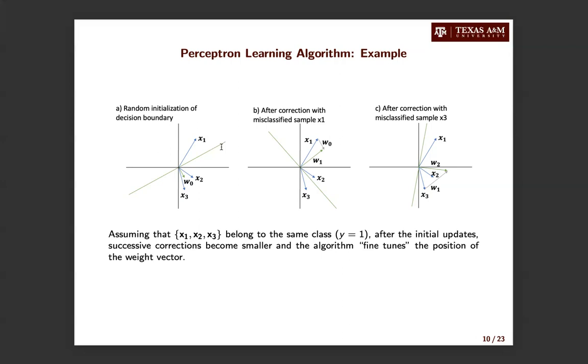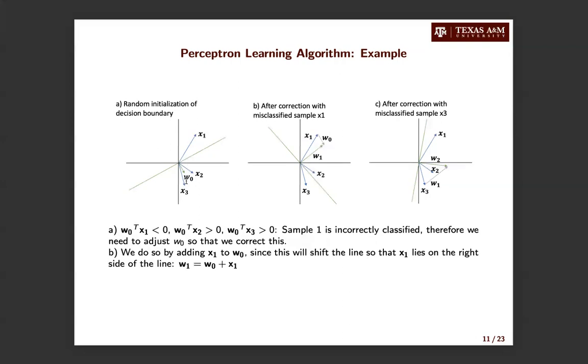We can see that samples x2 and x3 belong to the positive class and are on the right side of the decision boundary. Therefore, they are correctly classified by this line. However, sample x1 is on the left side of the decision boundary while it belongs to class 1. Therefore, it is incorrectly classified.